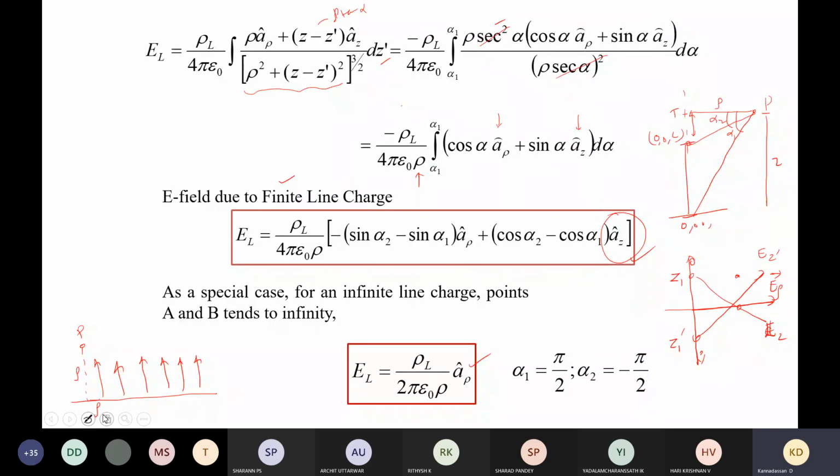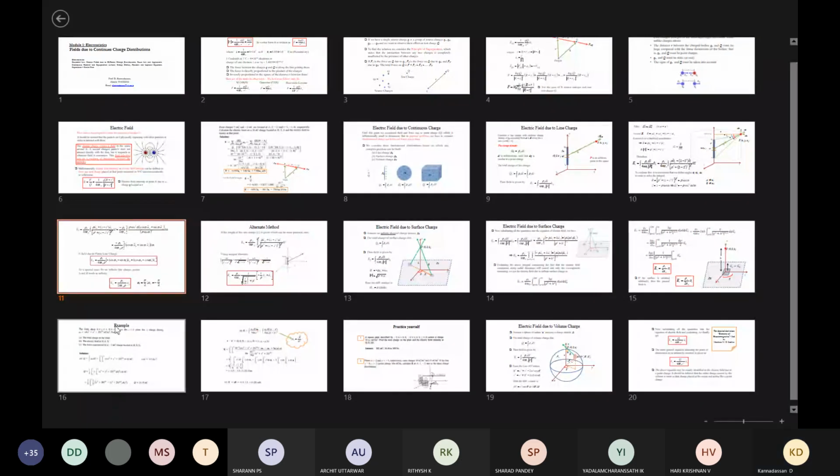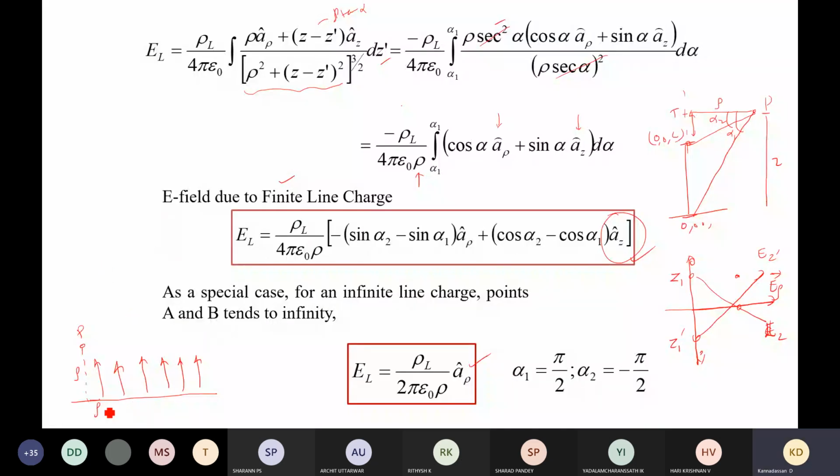Then what about the charge density rho L? By substituting this rho L and rho value, you will get the magnitude. And this A rho vector is nothing but the normal vector.